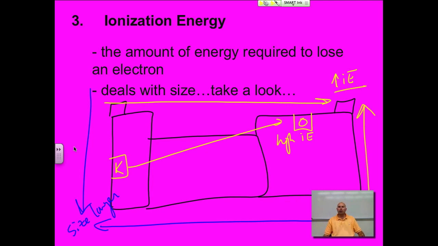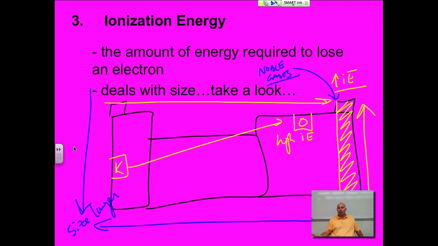The only little wrinkle is that when we compare noble gases, we're going to say that noble gases have higher ionization energies than other things. Why? Because if the ionization energy is the amount of energy required to lose an electron, noble gases don't want to lose them at all.